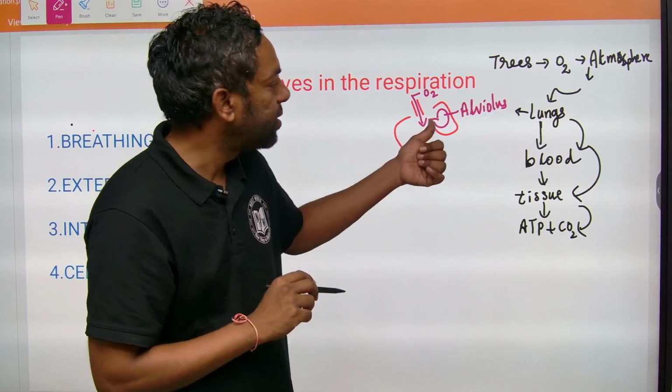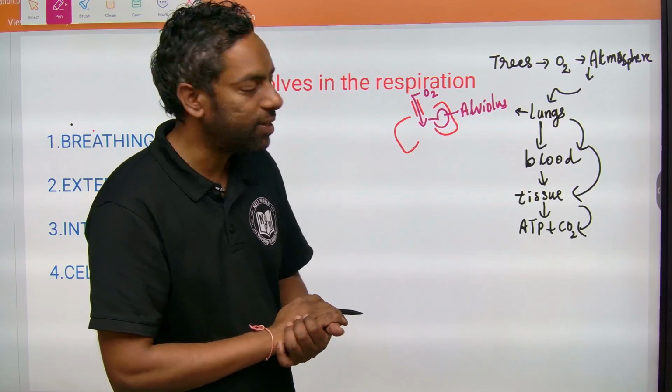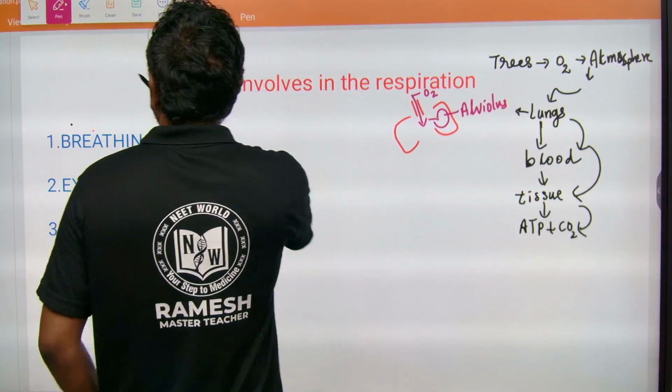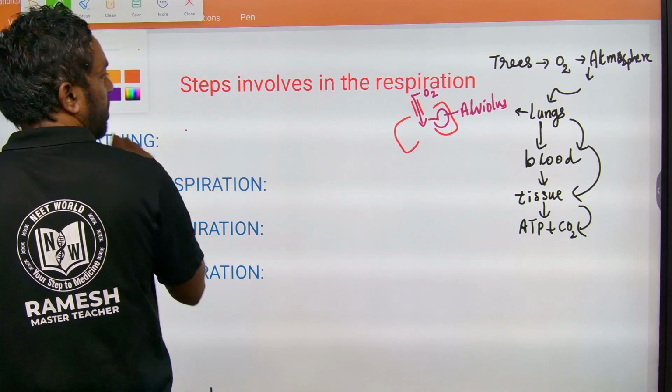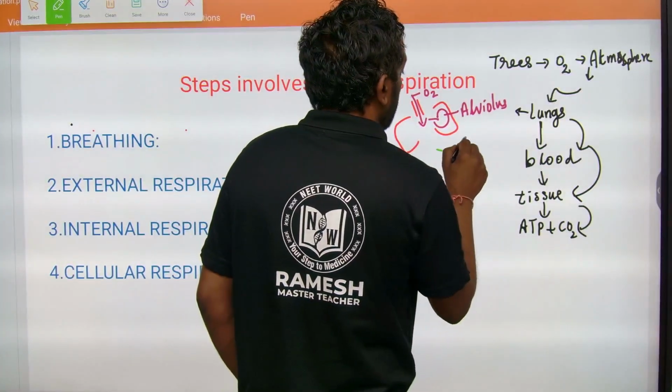Finally the oxygen reaches the alveolus in the lungs. The blood vessels which enter the lungs carry the blood.